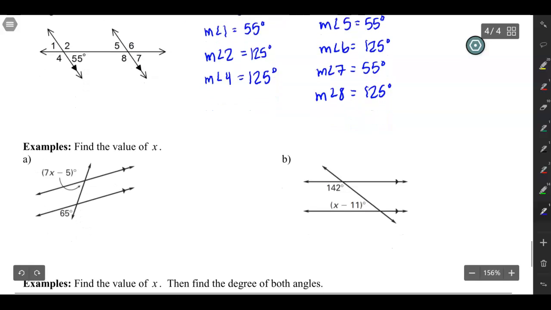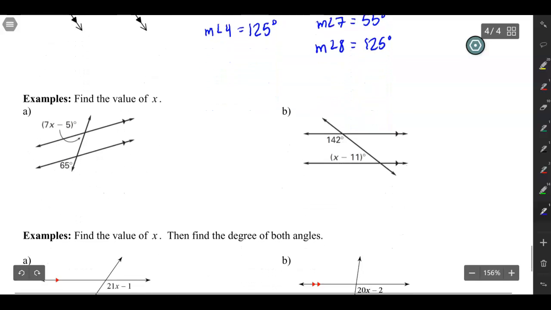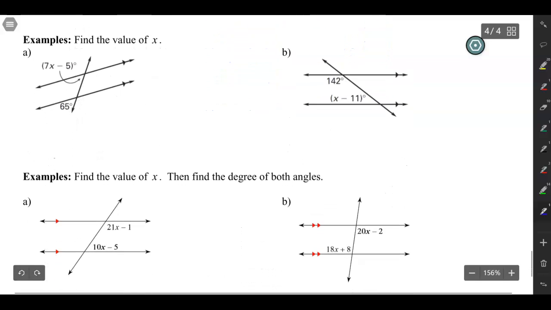So let's go ahead and talk about some of these next ones. So here we're going to be doing similar to what we did before when we were using things like vertical angles and supplementary angles to solve for x. So let's look at example A. I am dealing with this angle the 7x minus 5 degrees and the 65 degrees. And those are corresponding angles, which means that these two angles are equal to each other.